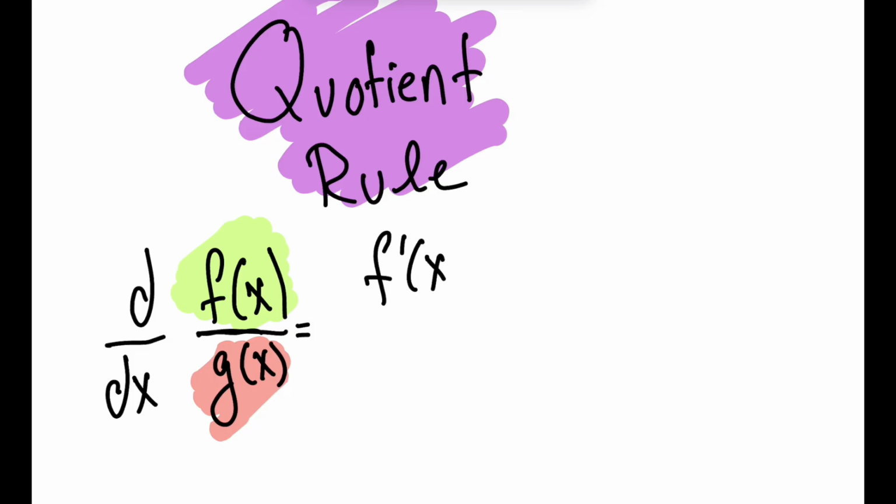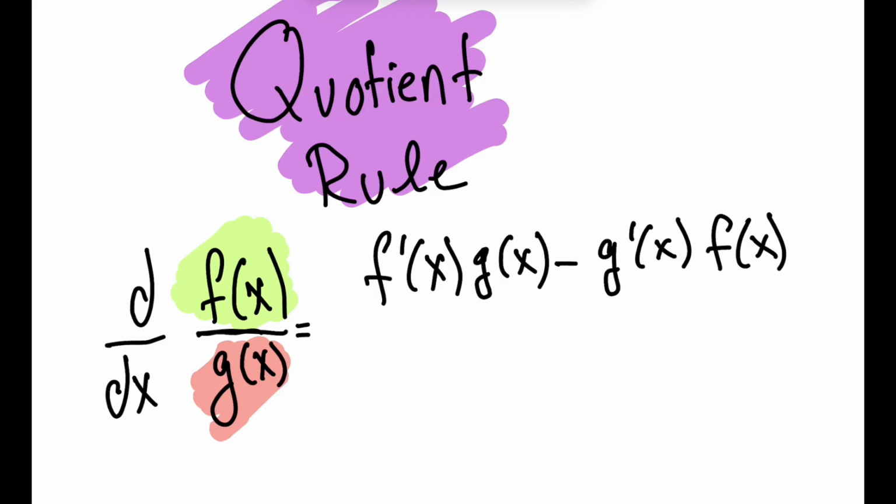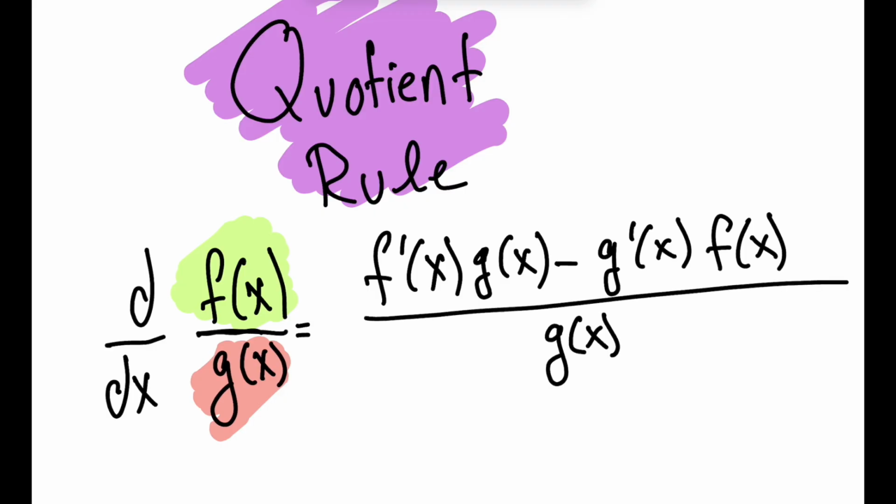The derivative of the first times the original second minus the derivative of the bottom, the denominator function, times the first by itself, all over the denominator squared.